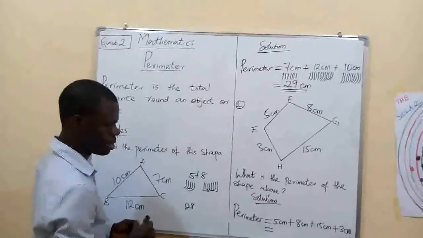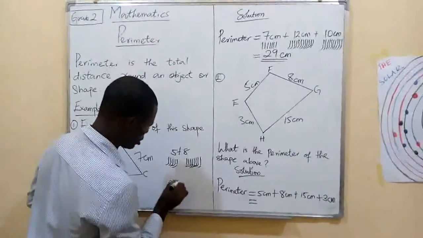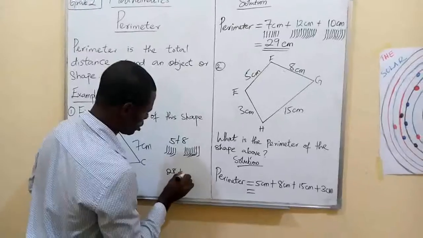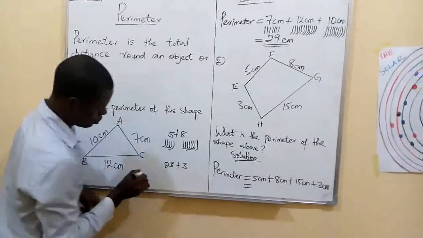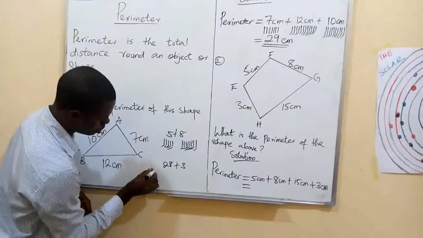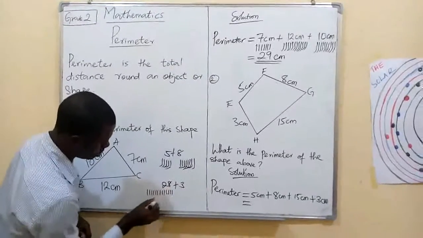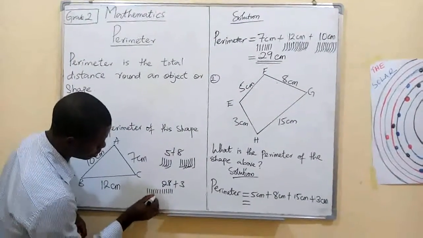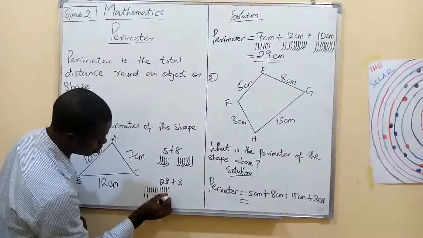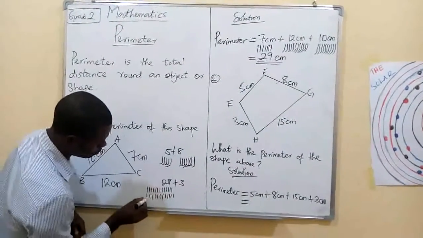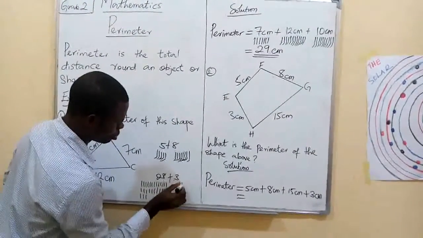Now this is repeated addition. You're still going to add 3 to 28. That is 28 plus 3. You have 1, 2, 3, up to 28, and you have here 1, 2, 3.